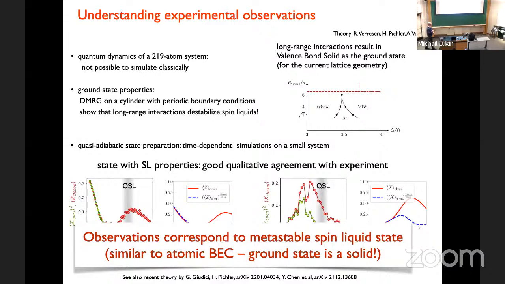Is this the same thing with the model with only nearest neighbor interactions, which is critical? No, if there are short range interactions, you should obtain a spin liquid, but in a parameter domain which is significantly narrower than what we observed. There is a nearby phase, which is the valence bond solid, and the transition to this valence bond solid is always a first order phase transition.